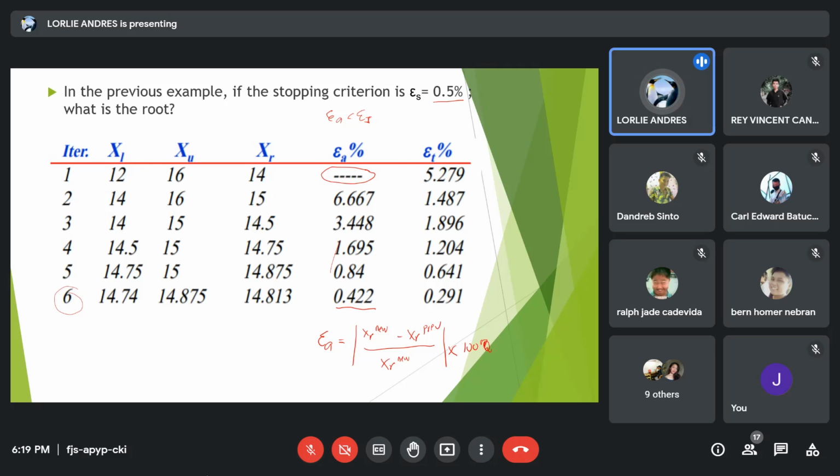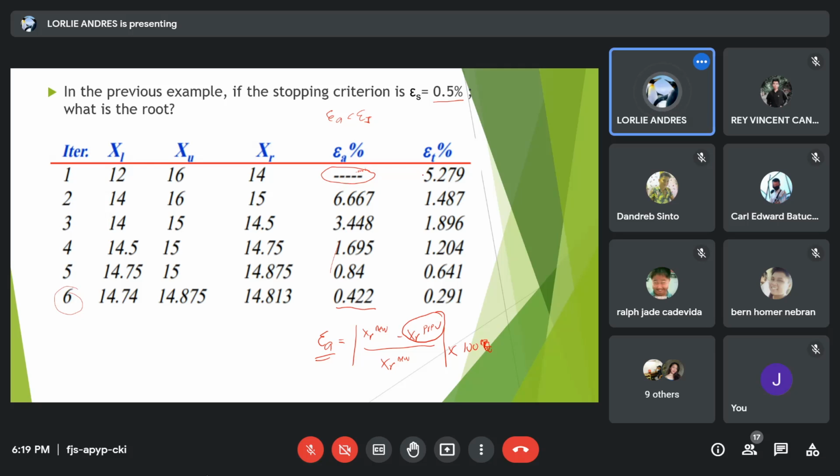So you get the percentage. And since during the first iteration we have no previous value of x sub r, we cannot calculate the approximate percent relative error during the first iteration.